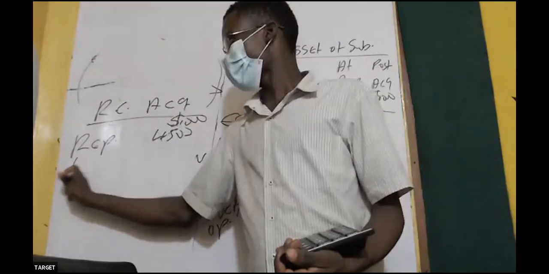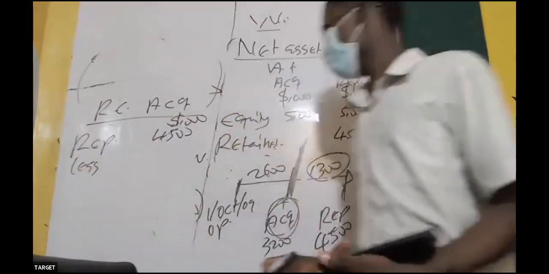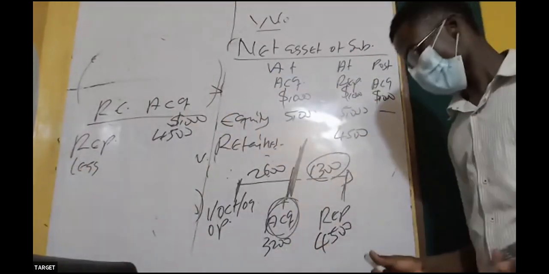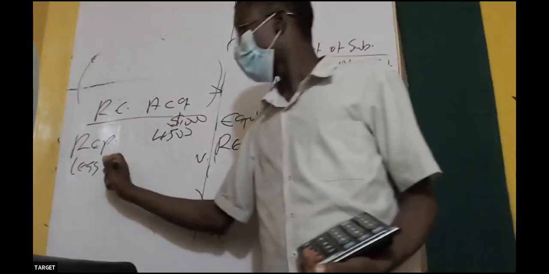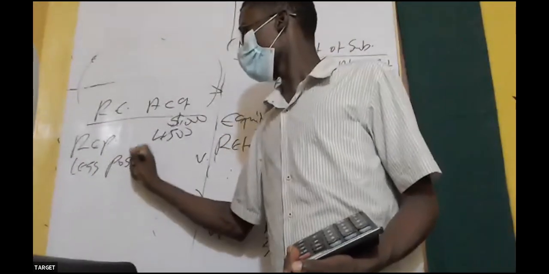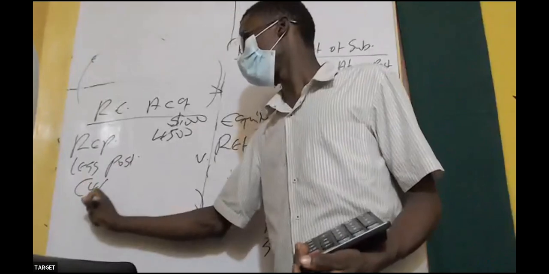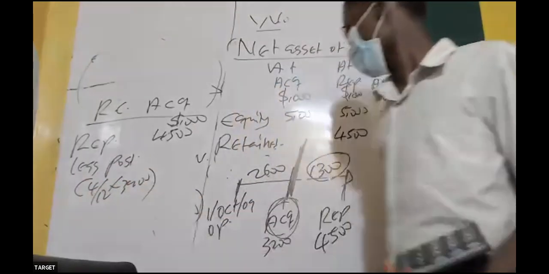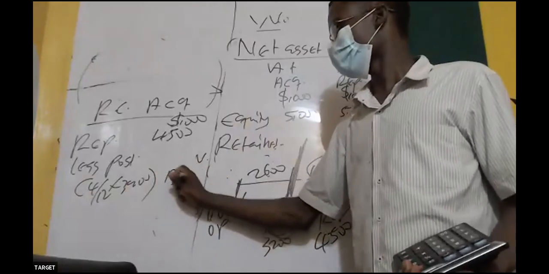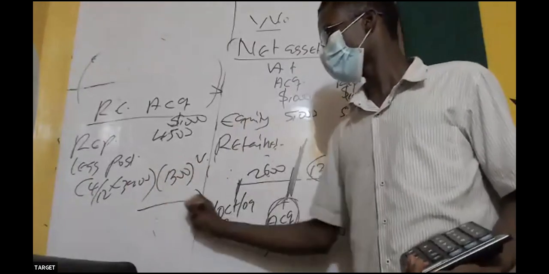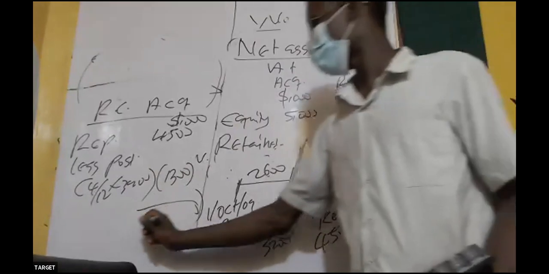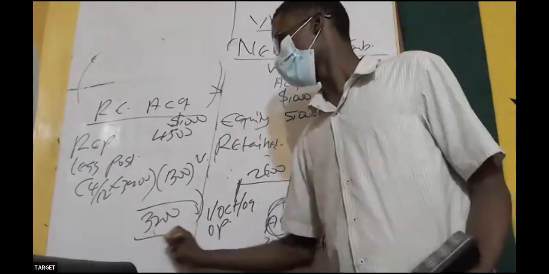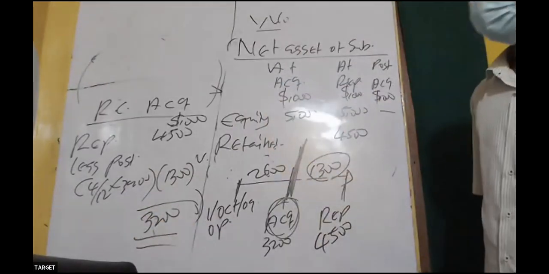Then we say less the post-acquisition profit. We had 4 out of 12 times the 3,900, and we had 1,300. We subtracted it, and we had 3,200. That's the retained earnings at acquisition.